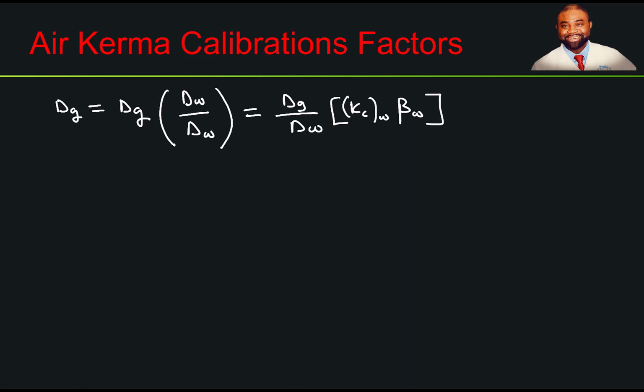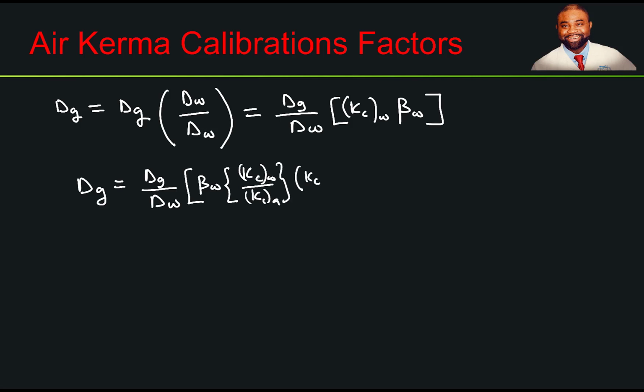This implies that D gas is equal to D gas over D wall multiplied by beta wall. You have K, the collision KMR of wall divided by the collision KMR of air, multiplied by the collision KMR of air.